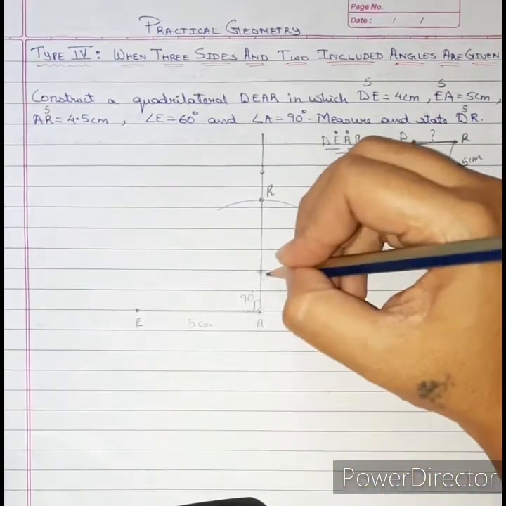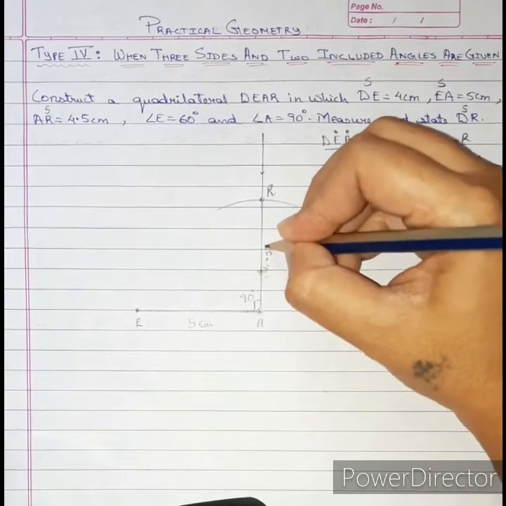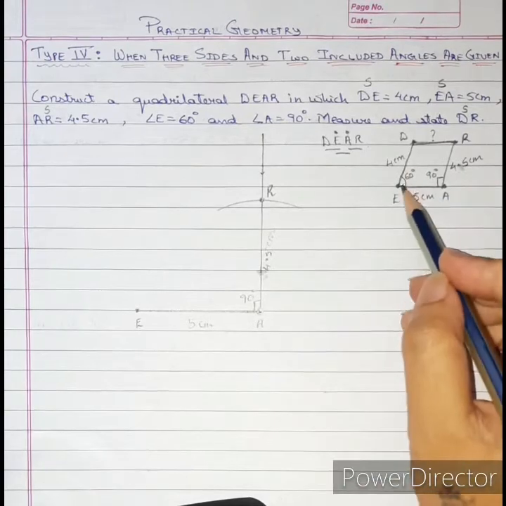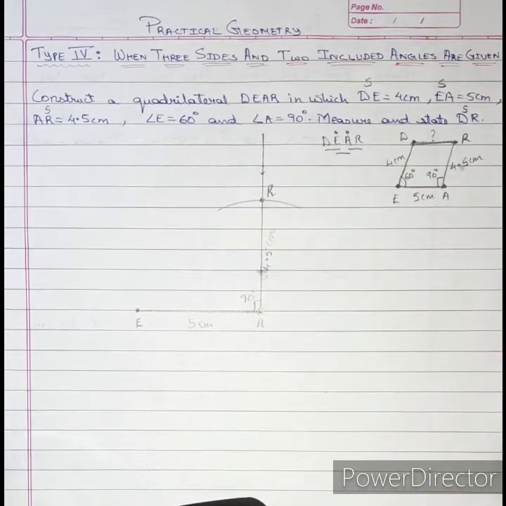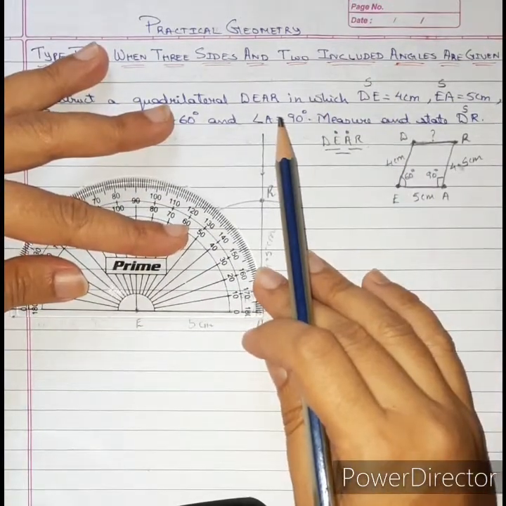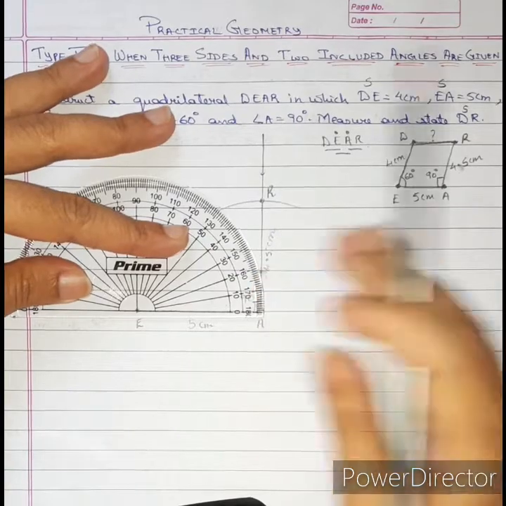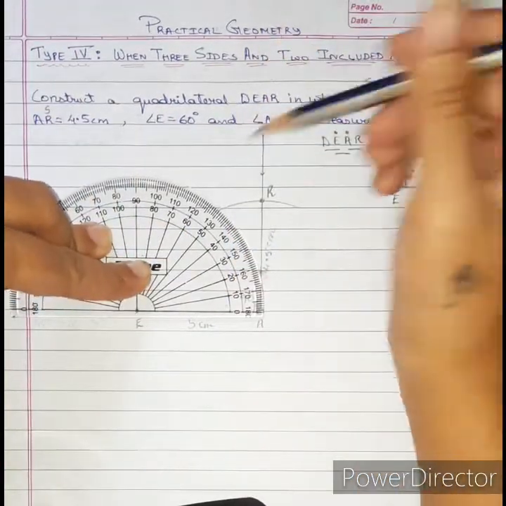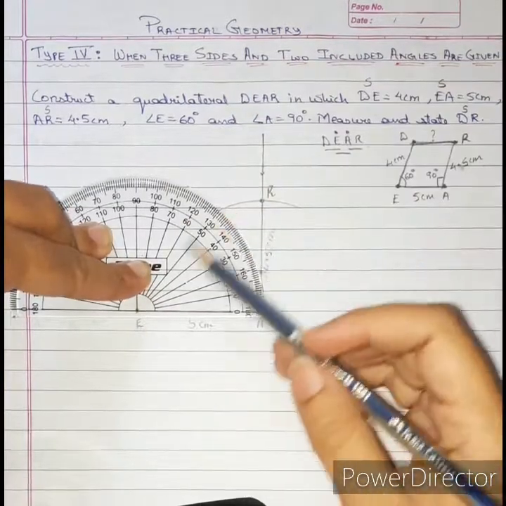Okay, and this is 4.5 centimeter. Let's go for the next angle, that is 60 degree. First adjust your protractor, then mark 60 degree. Now 60 degree is coming inside somewhere.